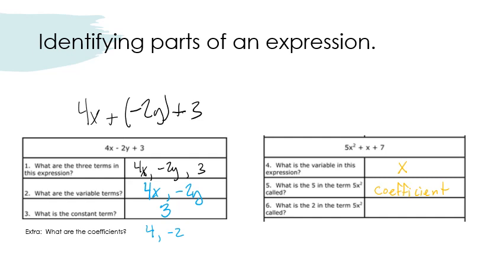And then question number 6, what is the 2 in the term 5x squared called? That is the exponent. Some people, depending on the context, will call it the power. But for our purposes, we're going to say that's the exponent.